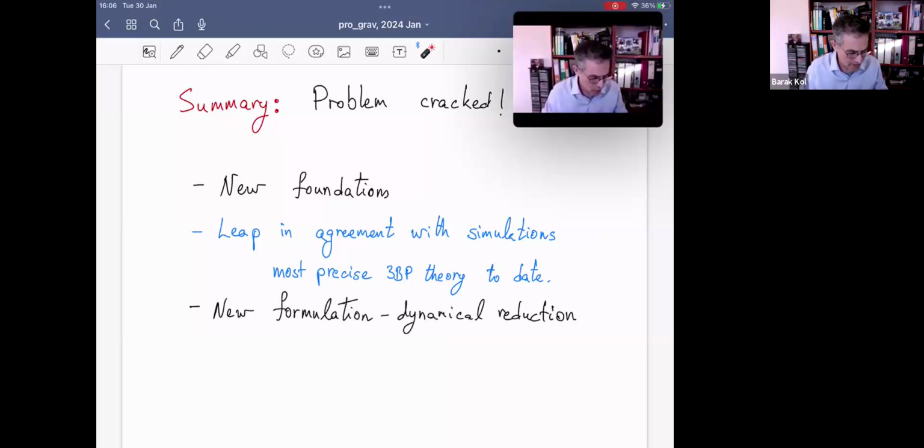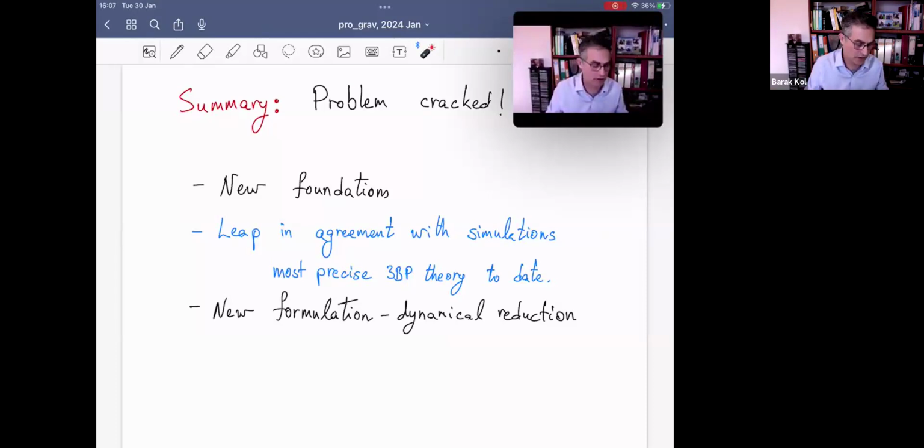I would say that the three-body problem has been cracked in the sense that we gave it new foundation, and for the statistical theory, we reduced the statistical solution, and it now remains to find the emissivity function. The emissivity function can be either measured, as we did, or we can find analytical models for that.